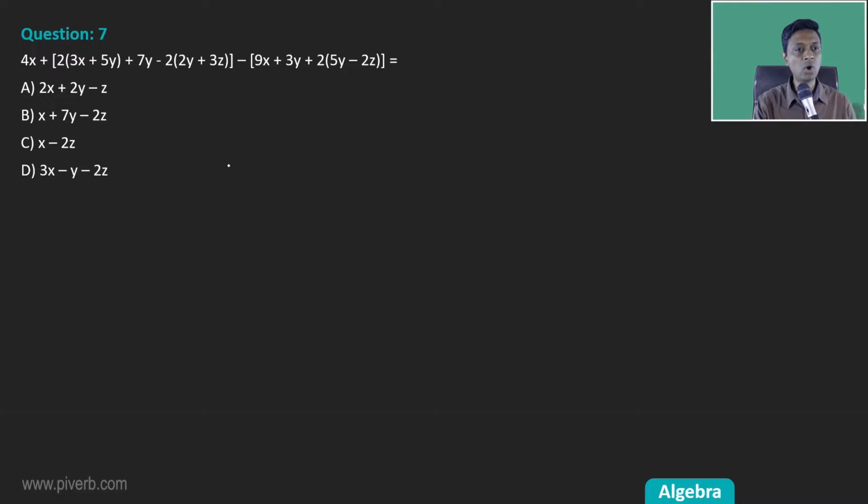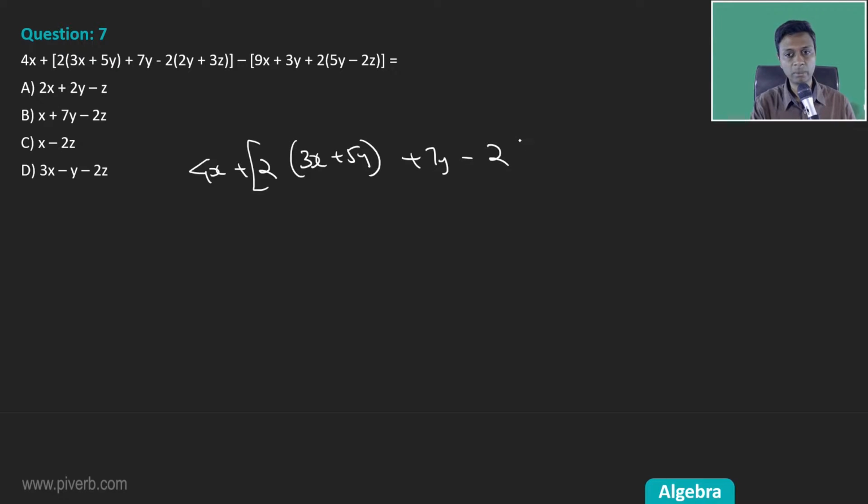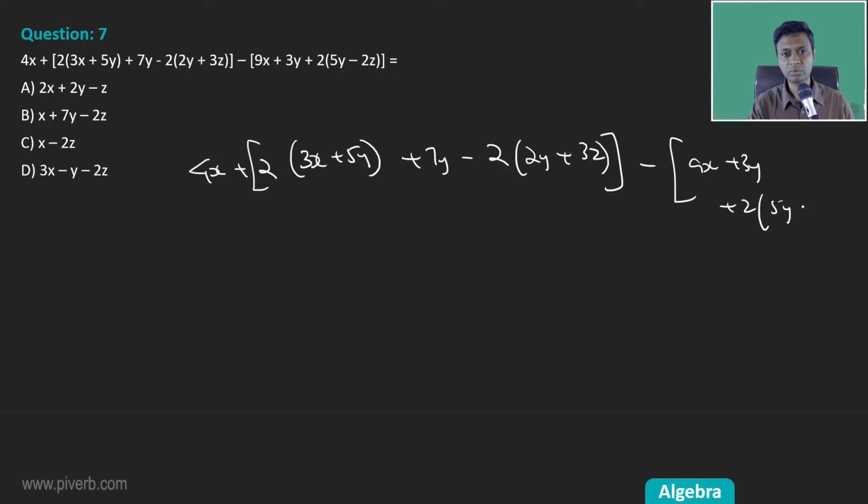Oh, wonderful. Long expression: 4x plus 2 times (3x plus 5y) plus 7y minus 2 times (2y plus 3z) minus 9x plus 3y plus 2 times (5y minus 2z).